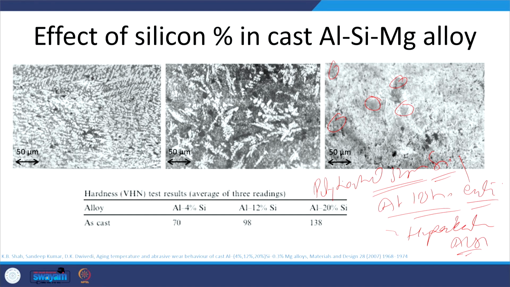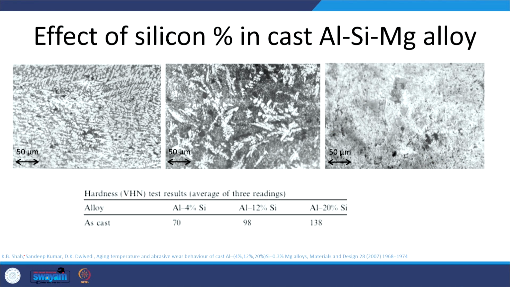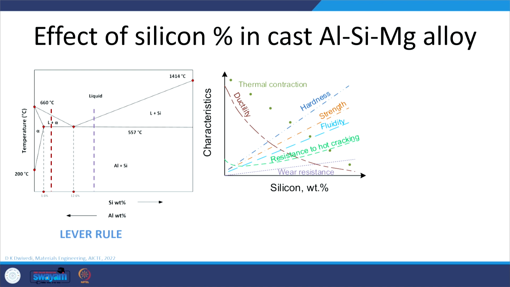Since silicon is hard and brittle compared to aluminum, increasing the silicon content increases the hardness: for 4% silicon the hardness is 70 VHN, for 12% silicon it is 98 VHN, and for 20% silicon it is 138 VHN. Silicon itself is hard and brittle.